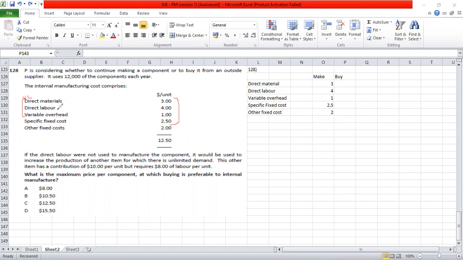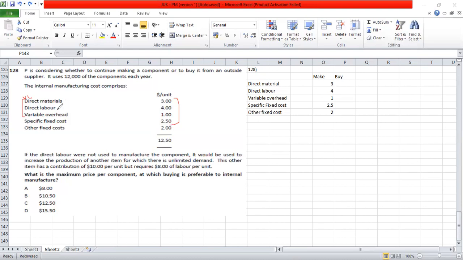In the present situation of making the component, they require $12.5. But if they take a decision about buying it from the outside supplier, in that case labor will be available. This labor can be put to use in some other case.